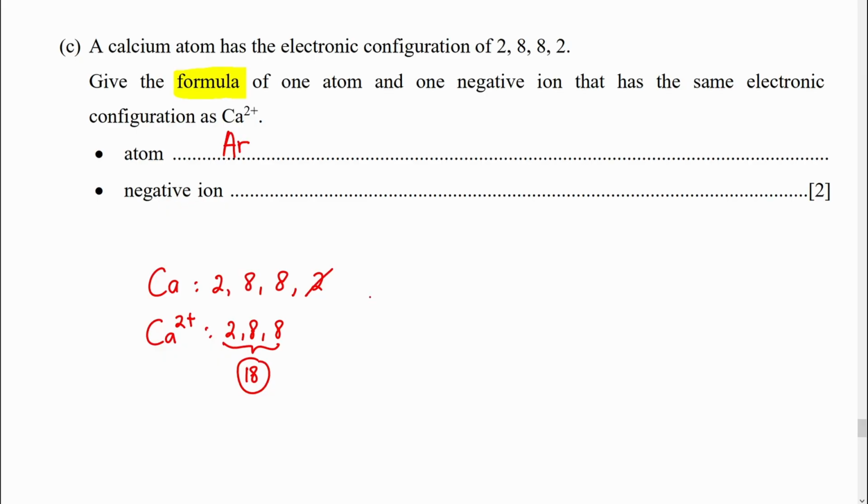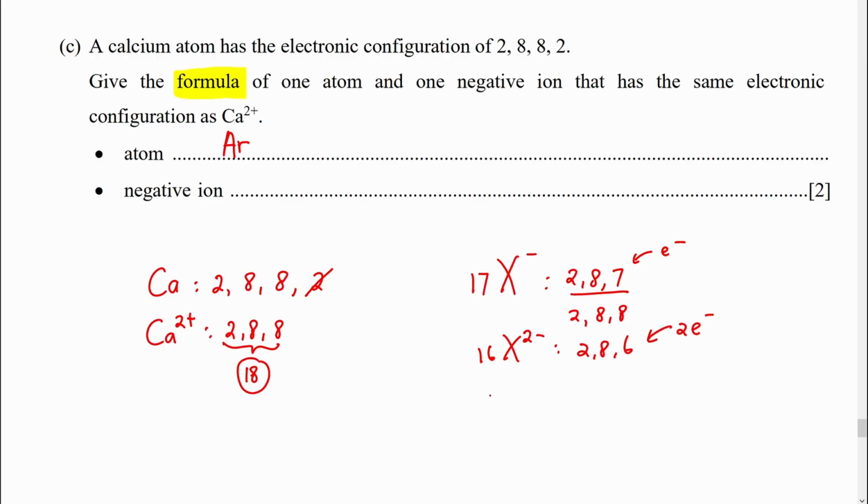Next, negative ion. If you check again, what kind of ions have the same number of electrons, 18? You can use 17, for example 17X minus. So it's 2,8,7, and then you gain one more electron. Now you become 2,8,8. Or maybe you can use 16, but you gain 2 more electrons, so it is also the same, 2,8,6 and you receive 2 electrons.